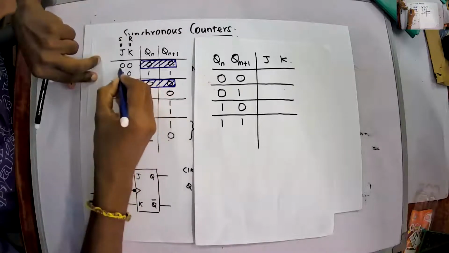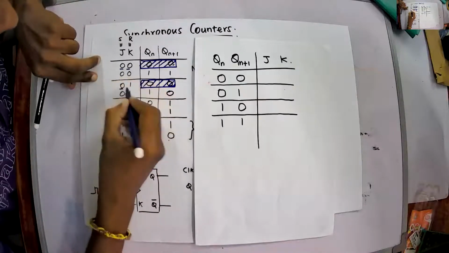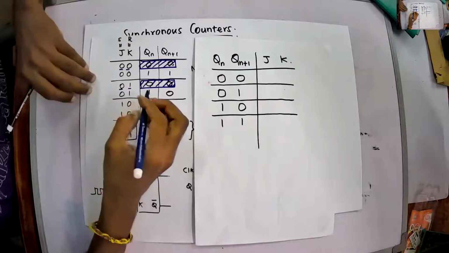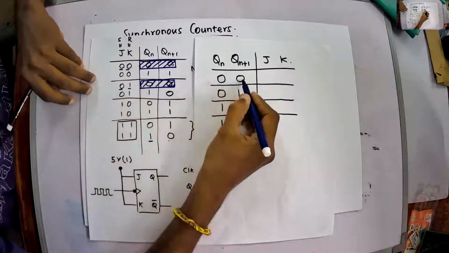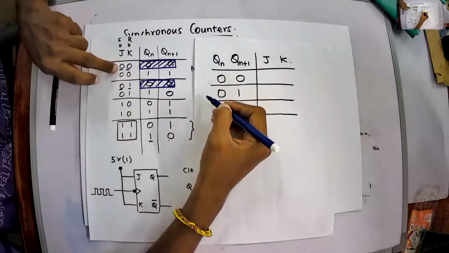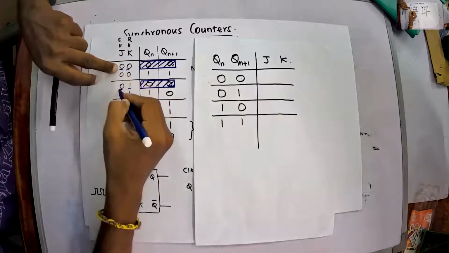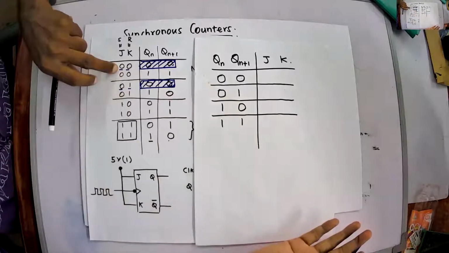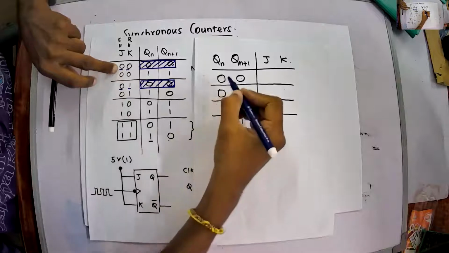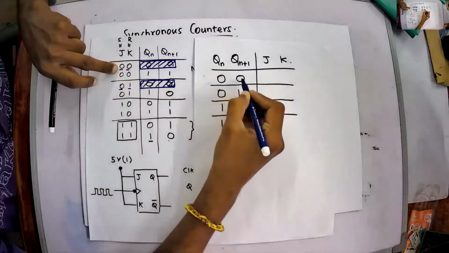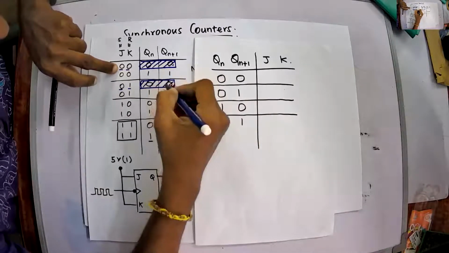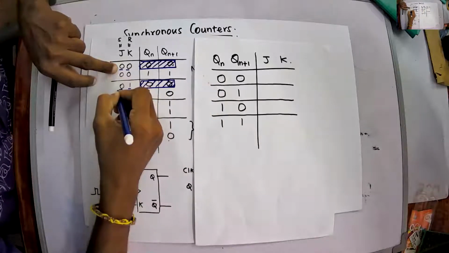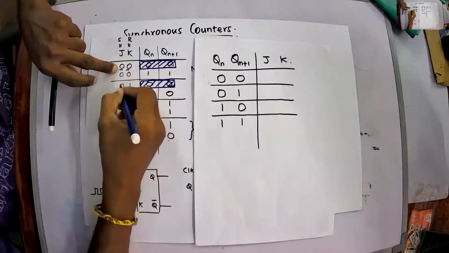See here, your JK is 00 and 01. So whenever 0 to 0 is kept constant, J must be 0 and K could be 0 or 1. If you want Qn as 0 and Qn plus 1 as 0, you must have J as 0, because it is 0 on both sides.